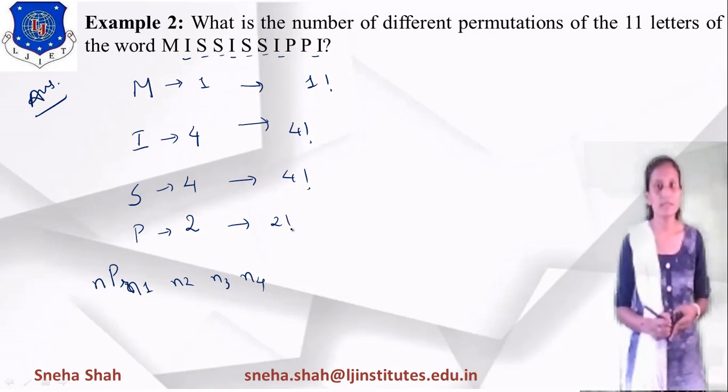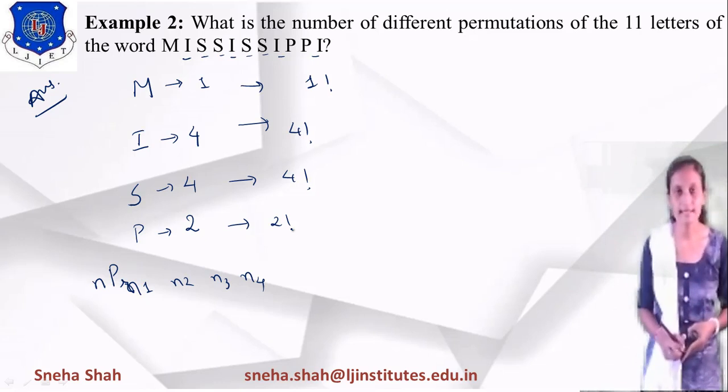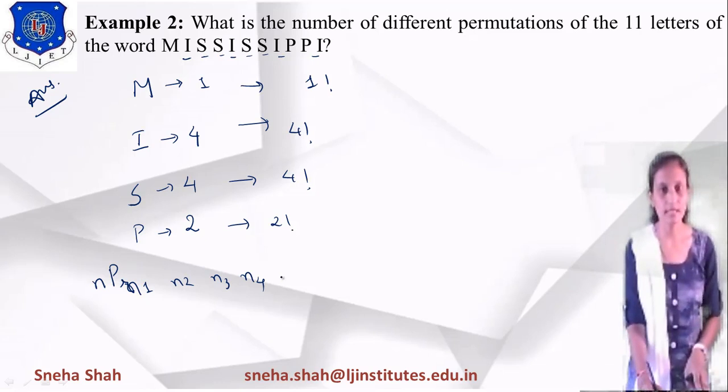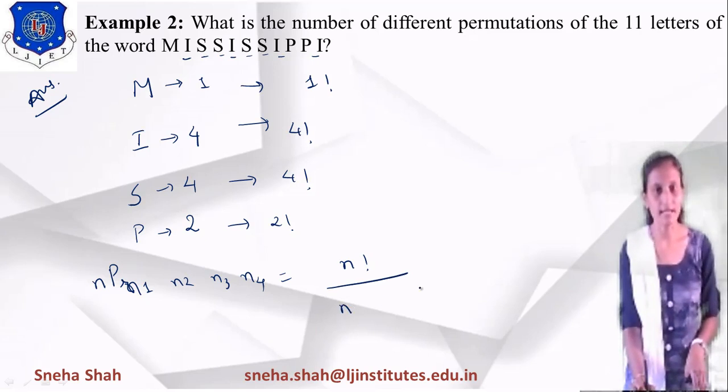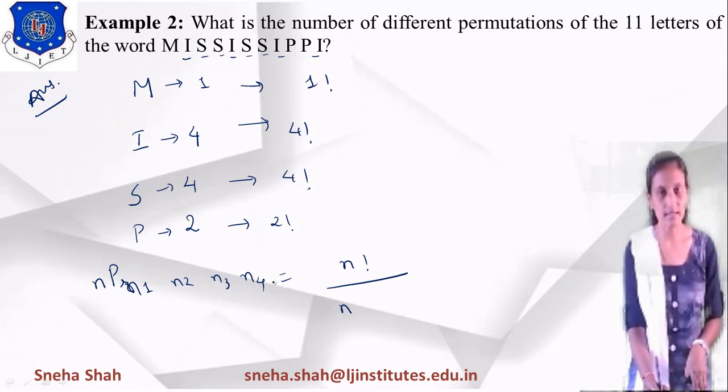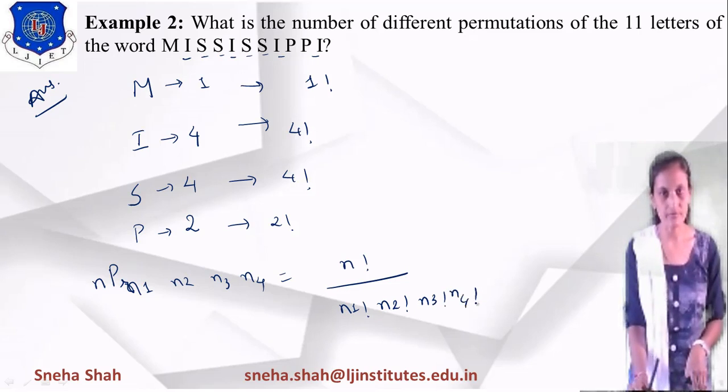So for finding this permutation, the term will be n factorial upon n1 factorial, n2 factorial, n3 factorial and n4 factorial, right?